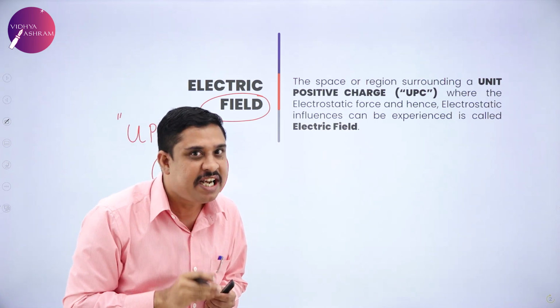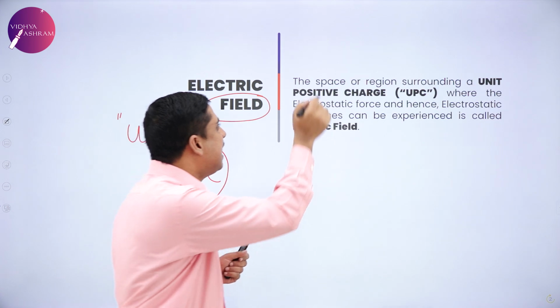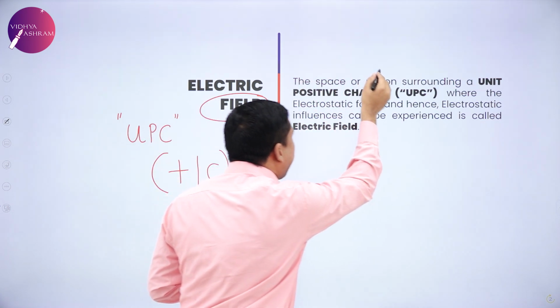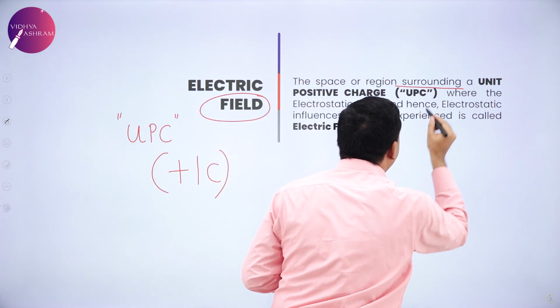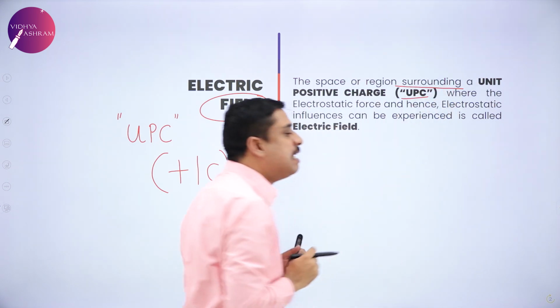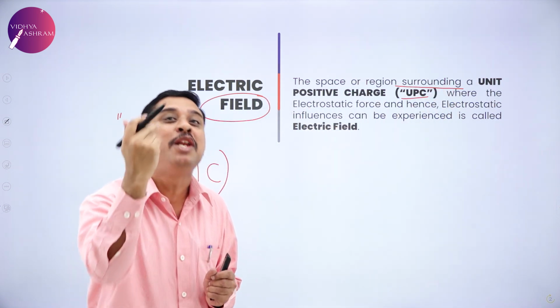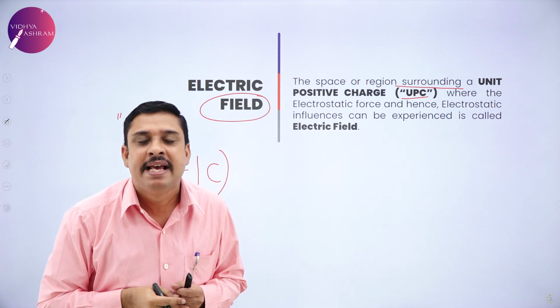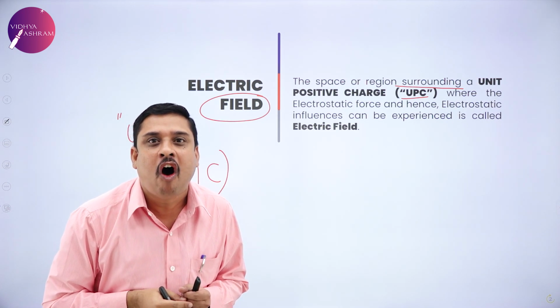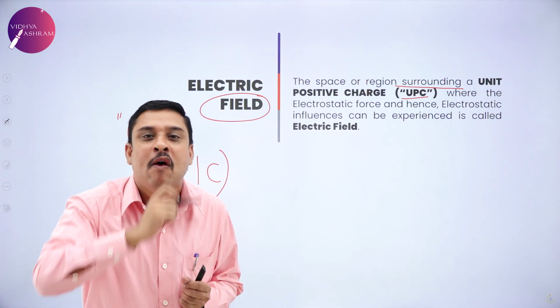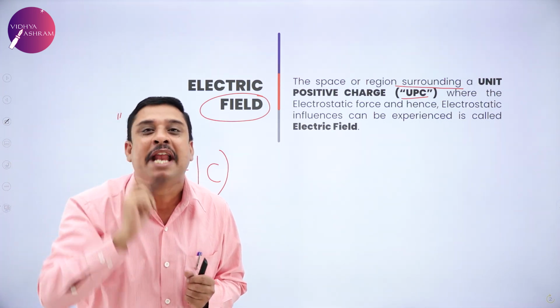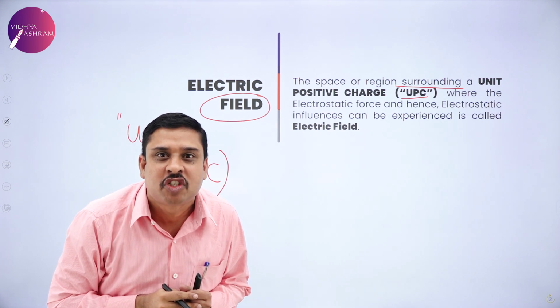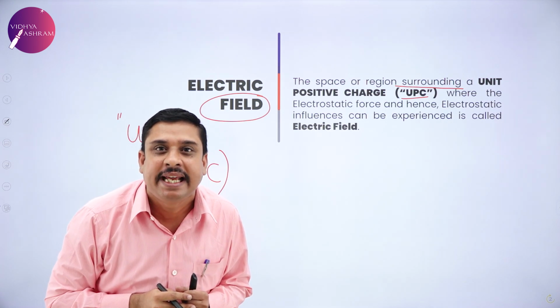My textbook definition says it is a space or region surrounding a UPC. Very beautiful. Some space or region which surrounds a unit positive charge.